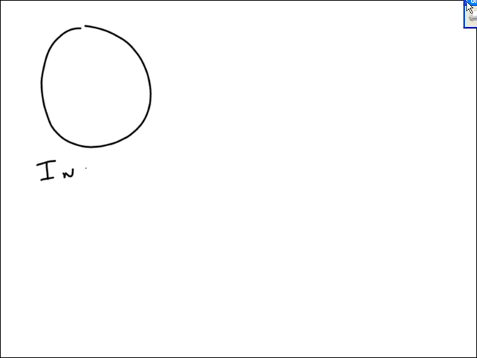Inscribed angle. Basically, if you pick a point on the circle and you draw two chords from that point on the circle, you just designed an inscribed angle.